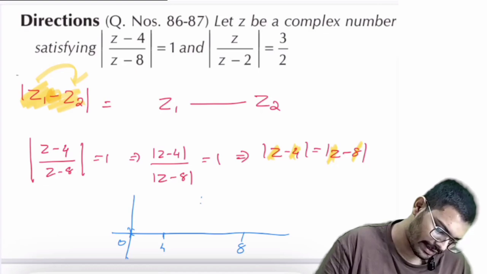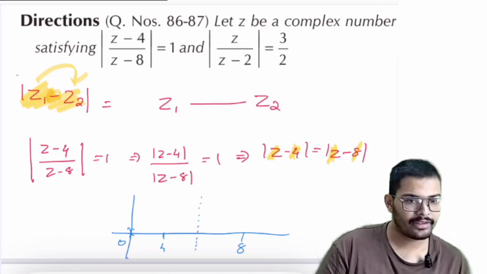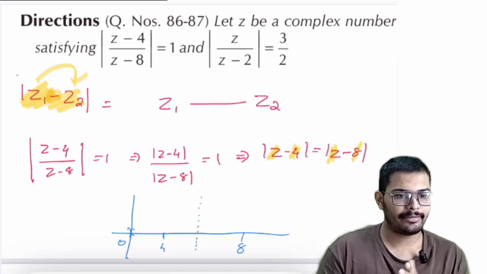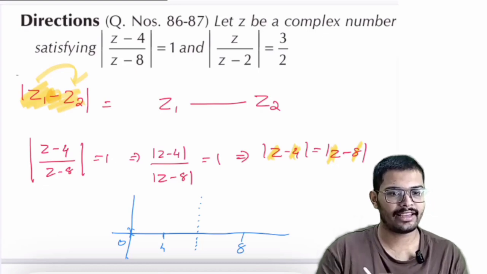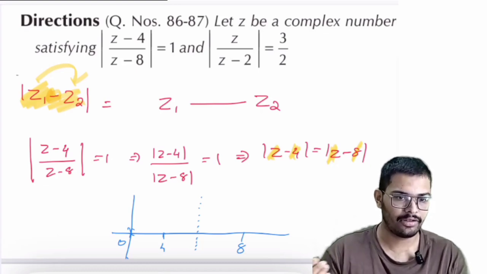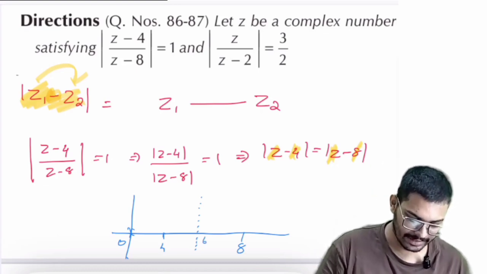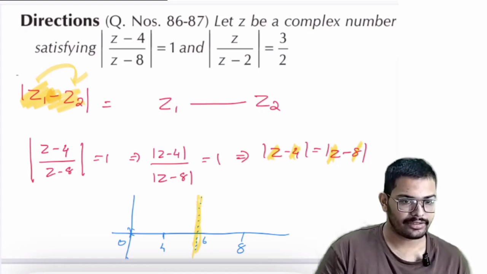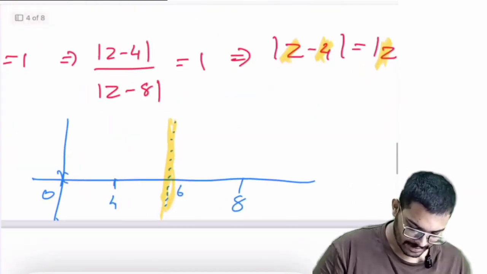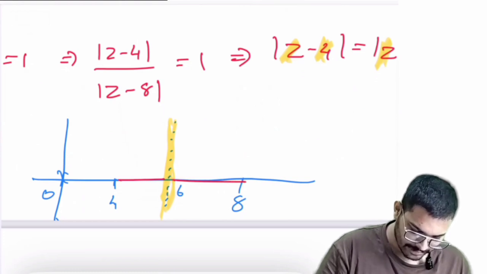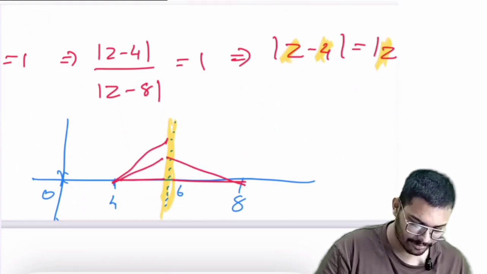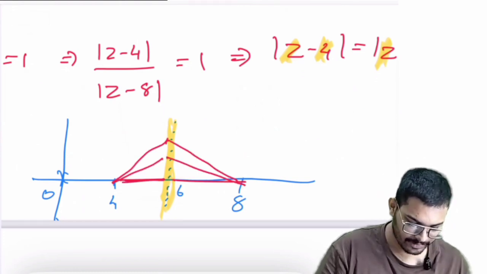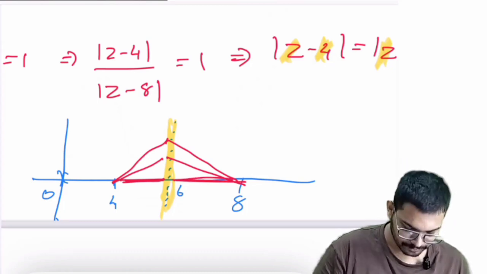So it must be on the middle line. What is the middle line? In between 4 and 8, the mid value is 6, or just take the average: 8 plus 4 is 12, 12 divided by 2 is 6. The real part of z should always be equal to 6. Then only z will always be equidistant from these two points. It can form either an isosceles triangle or it will be a line.